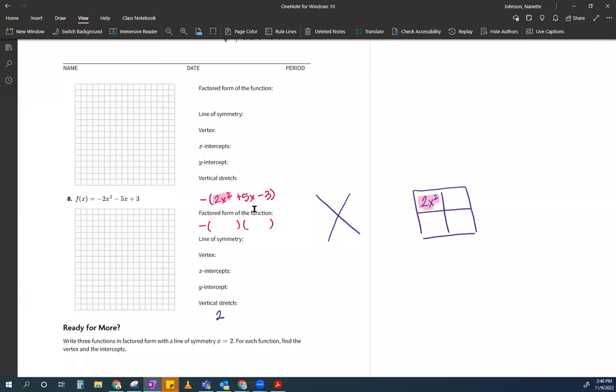Someone said, Ms. Johnson, the 5x goes at the bottom of your diamond or your X. Very good. Where does negative 3 go? Yes, very good. Bottom right. Okay, I forgot. What goes up here?